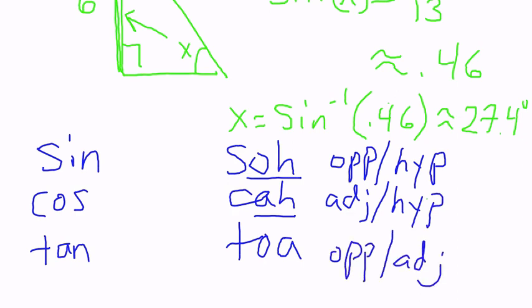I think of it as sino, cosina, and tanoa. SOHCAHTOA, sino, cosina, tanoa, or just memorize it. I'm not sure, whichever way is easier for you. But that's how you can use trig functions to solve problems with triangles.